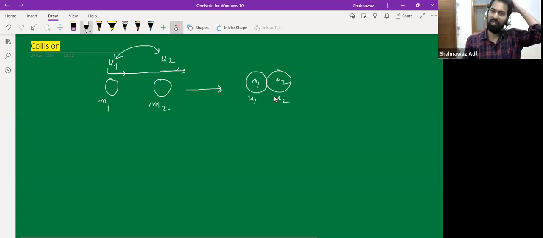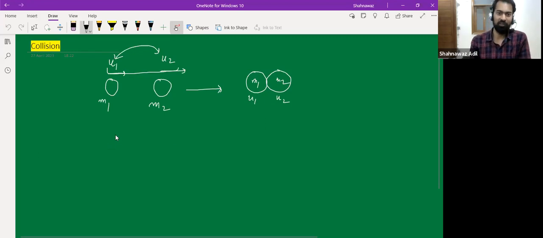Let's say I'm chasing a guy and my speed is U1, and the other guy I'm chasing is moving with some other velocity U2. What should be the relation between my velocity and that guy's velocity so that I will be able to chase him down? U1 is greater than U2. Yes. So that's when I will be able to catch that guy, right?